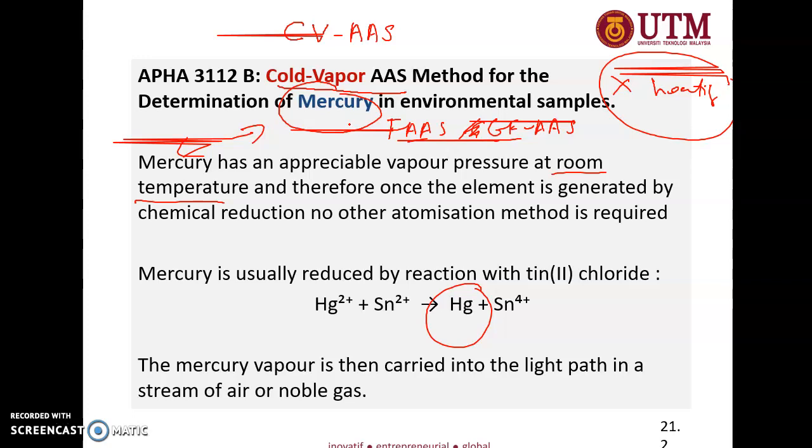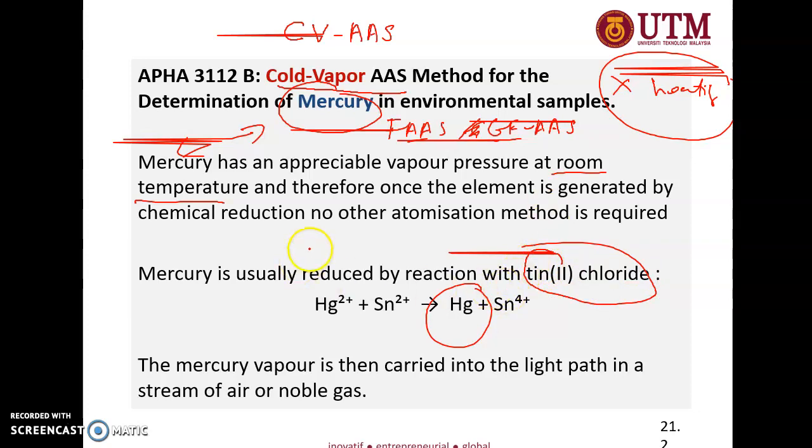So cold vapor AAS is specific for mercury only. What is a disadvantage in graphite furnace and flame is actually an advantage for cold vapor, because we can reduce to atom using only a reagent we call stannum chloride, or tin chloride.